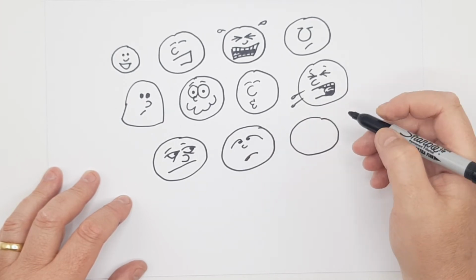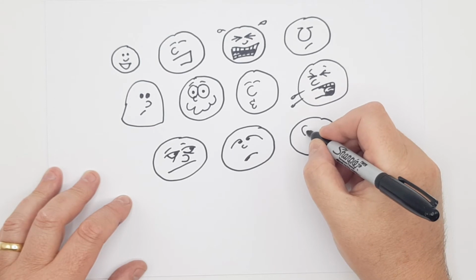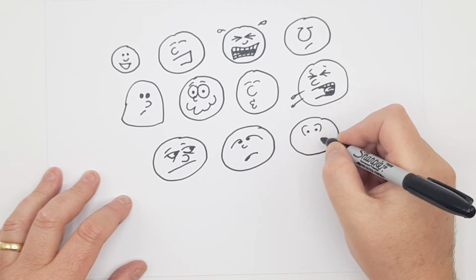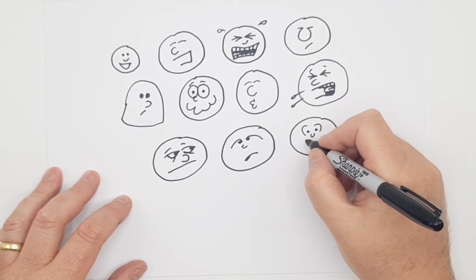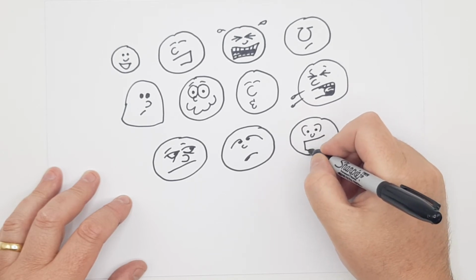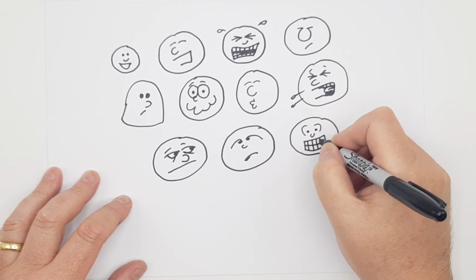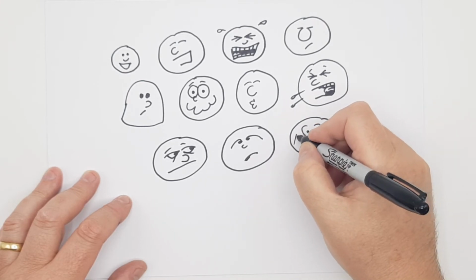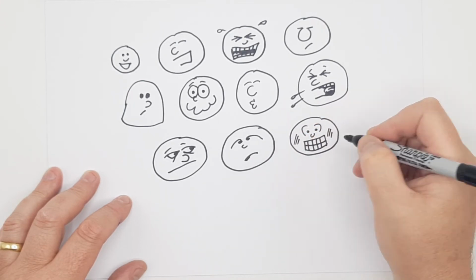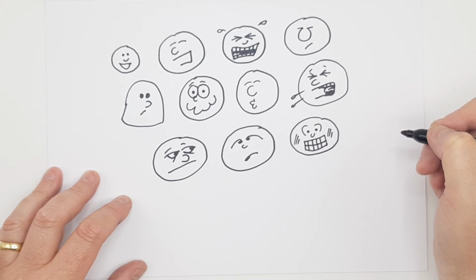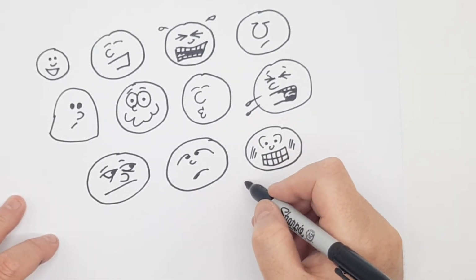Now we get a little bit more inventive here, and in addition to the eyes and the nose and the mouth, we're going to add an extra little embellishment here and add some rosy cheeks in. Looking a little bit embarrassed there.